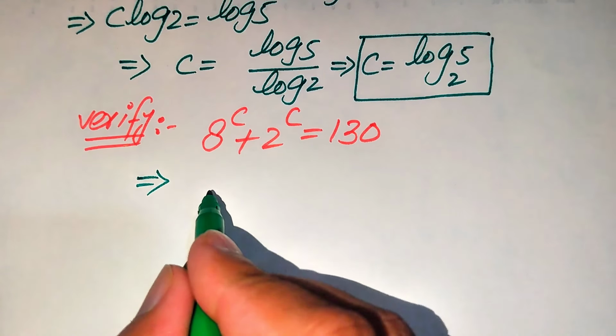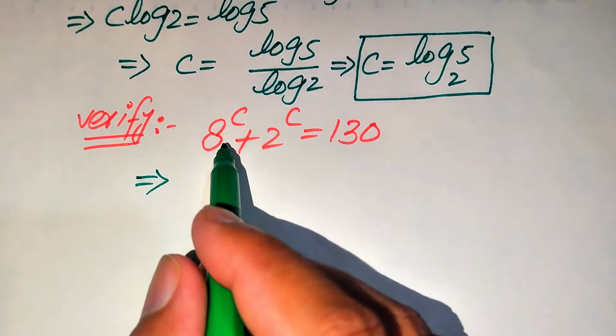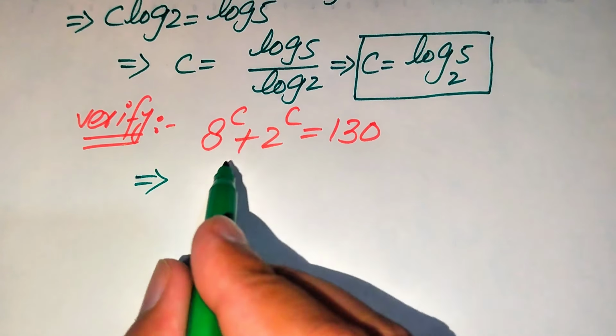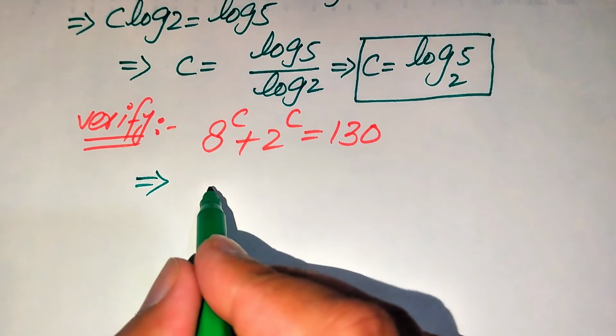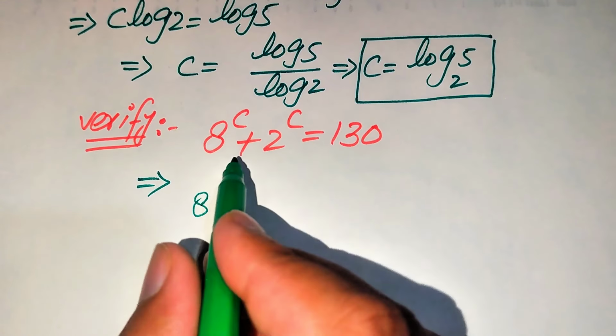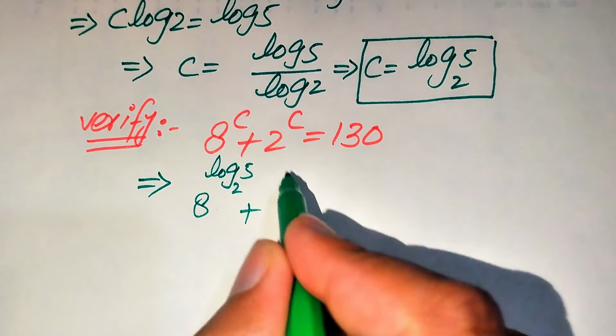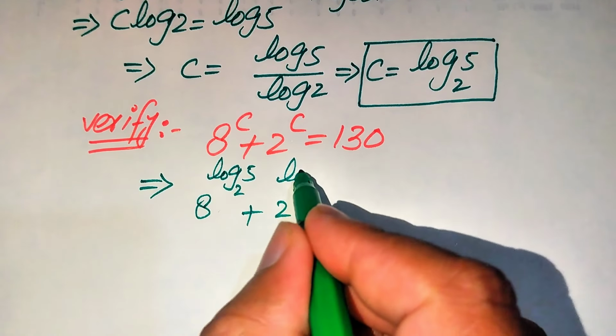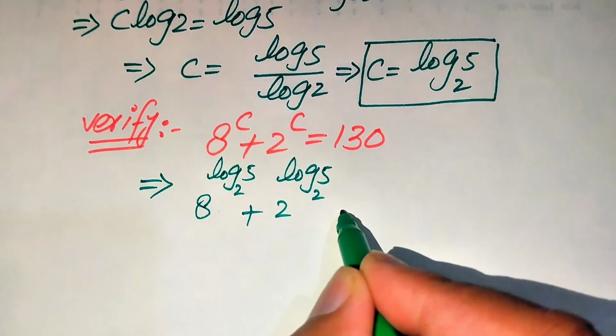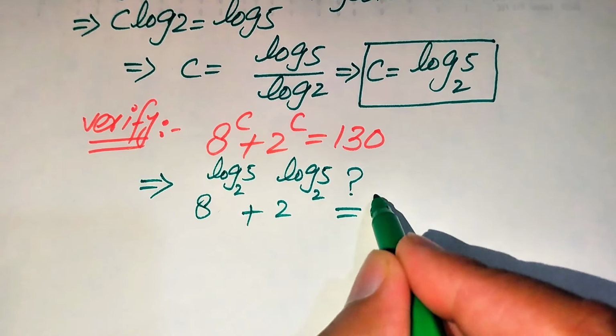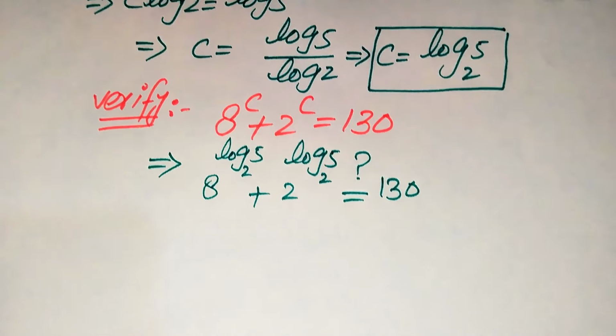It will be written as 8 to the power of c, where c is equal to log of 5 with base 2, and similarly we have 2 to the power of log of 5 with base 2, and we check whether this equals 130 or not.